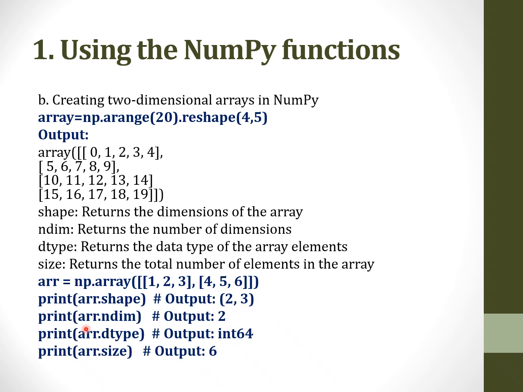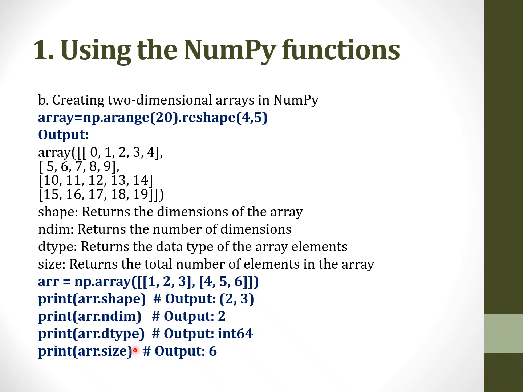Similarly, if we want to know the number of dimensions, you can give arr.ndim. This will return the dimension of the array. This is a two-dimensional array, as I have told you in the previous slide, so the output that will be displayed is actually 2. If we want to know the data type, we can give it as dtype.